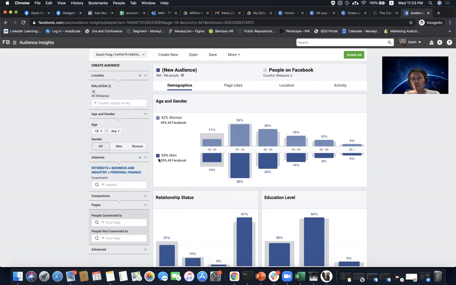One quick thing that we need to look at is page likes, because there are basically two types of interest. One of it is what we call info interest, the interest that can bring you good info when you are trying to run your ads.